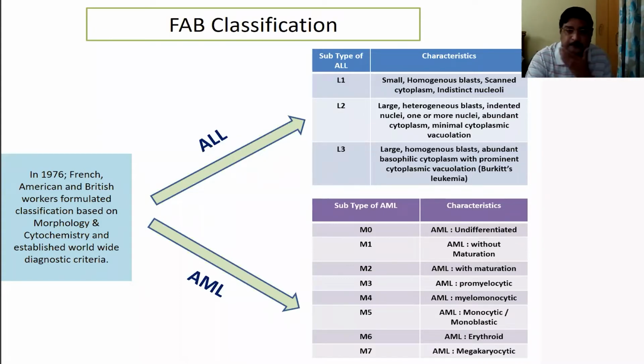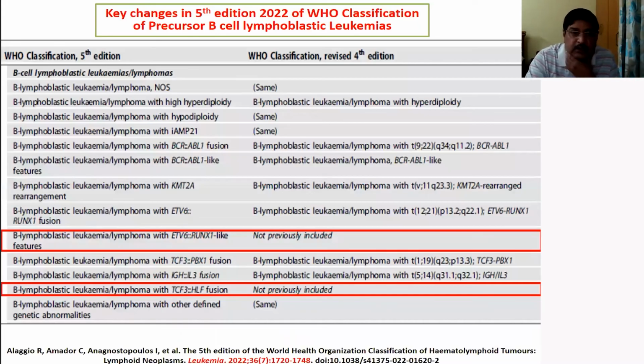Next slide, please. So here, when you see the current fourth edition, 2017, and the proposed WHO classification, fifth edition, 2022, you find that there are differences, but there is retention of many of these entities as well. On the left side, the fifth edition, you have many which existed in the fourth edition. You have the B lymphoblastic leukemia lymphoma not otherwise specified.